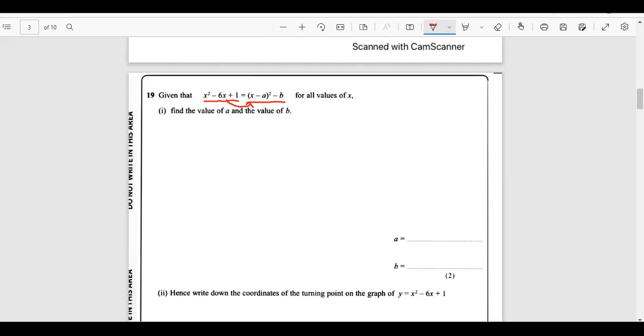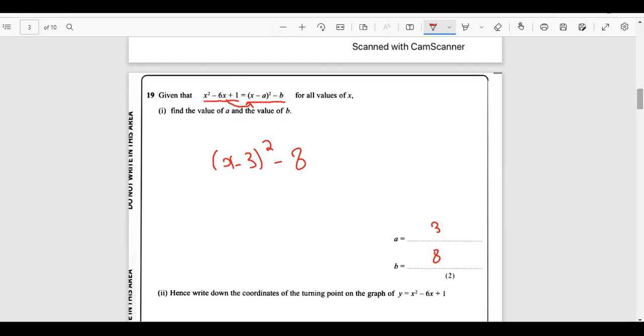Then you do plus 1, you bring it down, so it'll become x minus 3 squared minus 8. So it'd be 3 and 8, and minus 3 and 8? Yeah, 3 and 8 only. Okay, very well done, because it would be x minus 3 squared minus 8. So this would be 3 and 8.